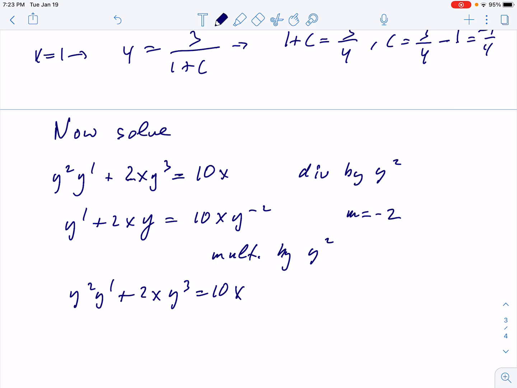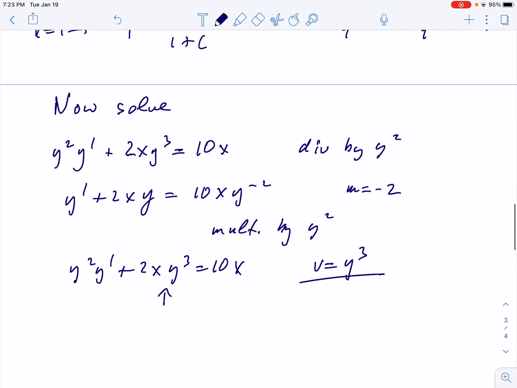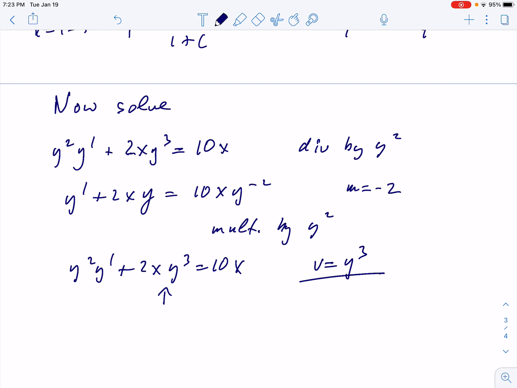Now, if we have some more experience, we can recognize that from the very beginning, we need to set v equals y cubed to be a new function, the one that stands here in the middle position. But if we don't have much experience, we have to follow the rules, and the rules say, bring it to standard form, apply the procedure. And that's what happens here.